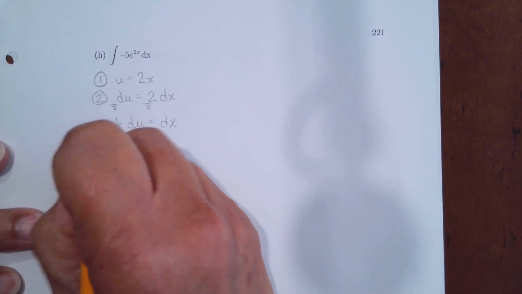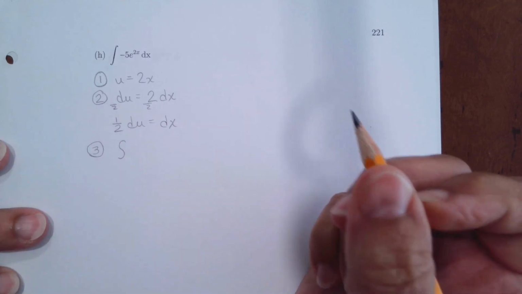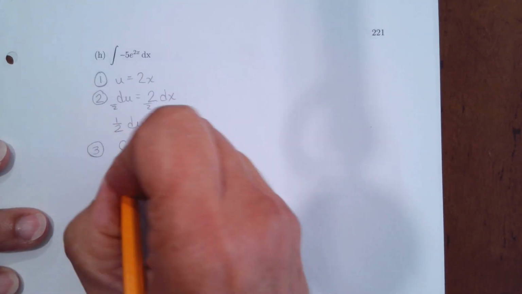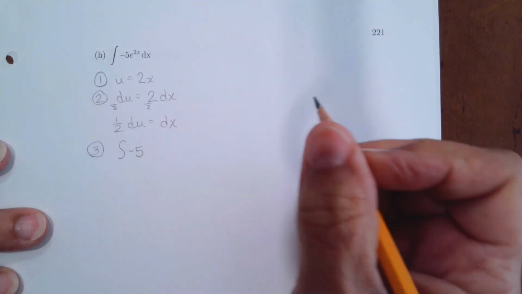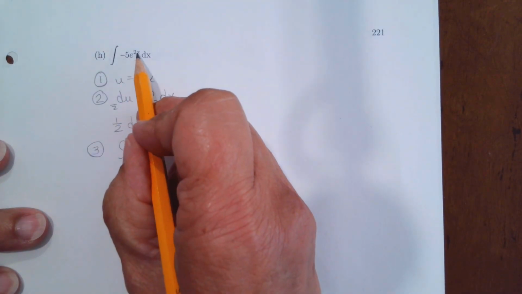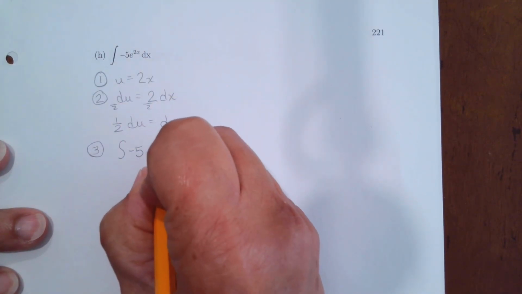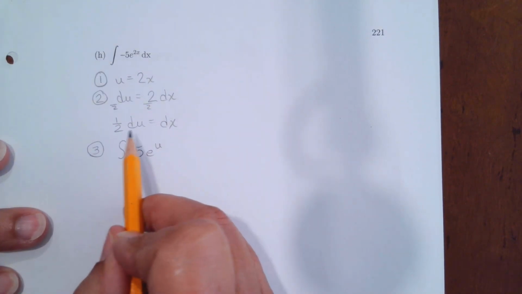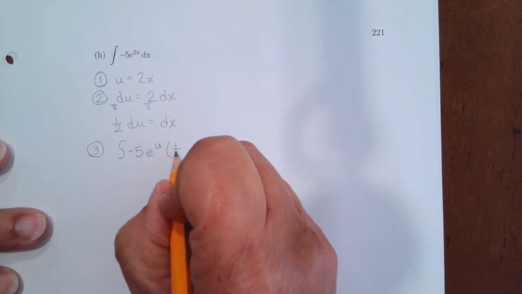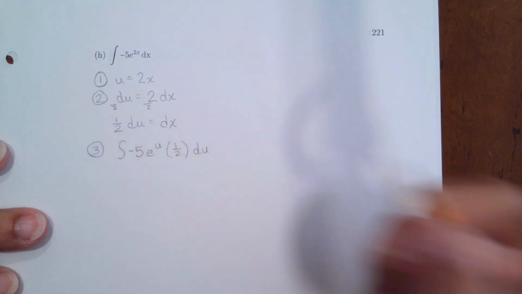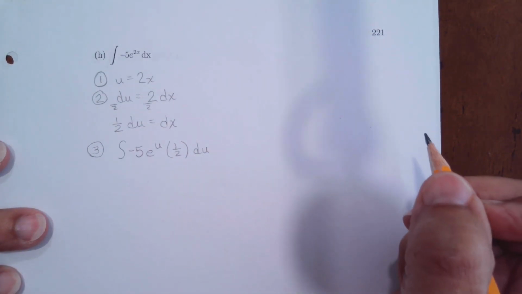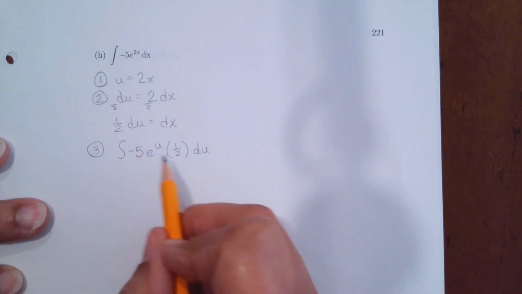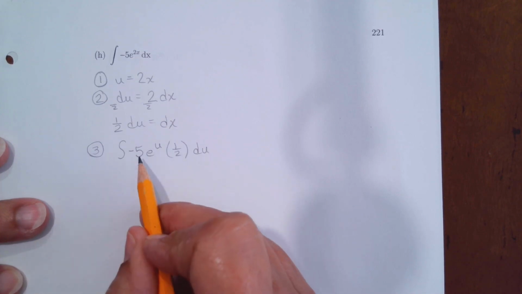All right, so step 3. Substitute in, do our u substitution. So the negative 5 is going to stay right where it is. E to the u, 2x was u, and then dx is 1/2 du. All right, so we've got everything accounted for, so bring out the number. Constants go out front.